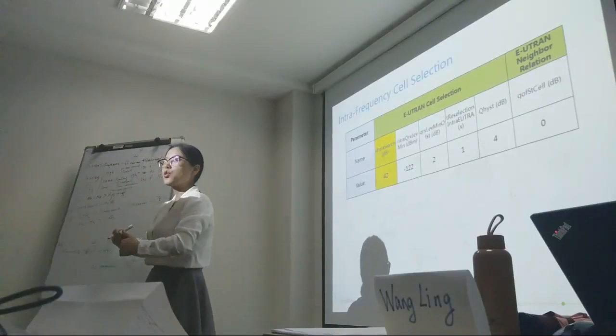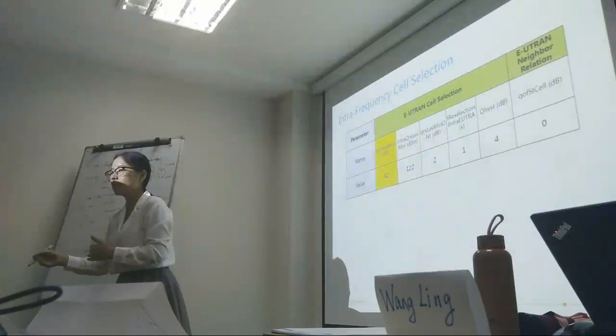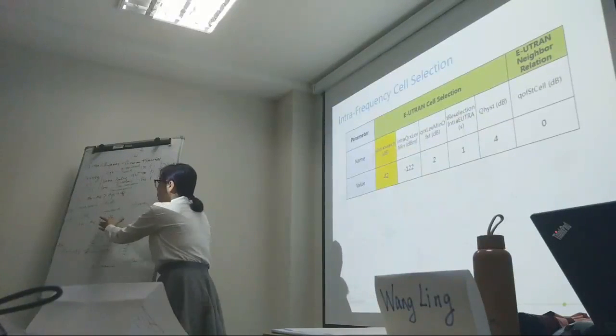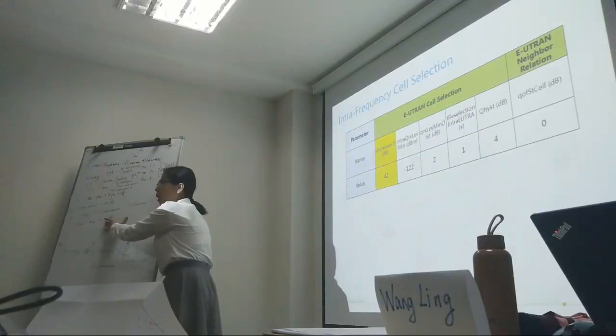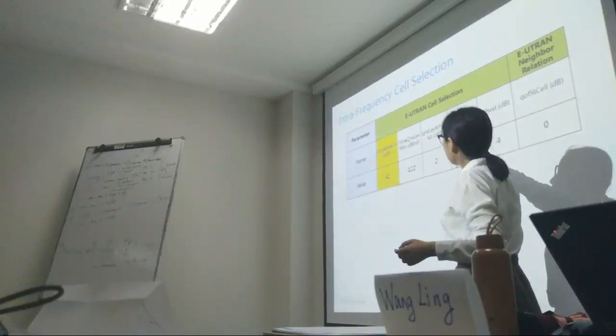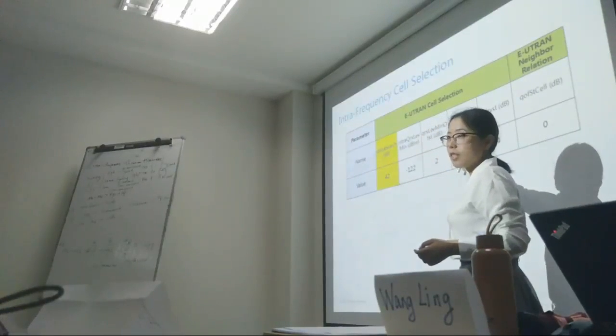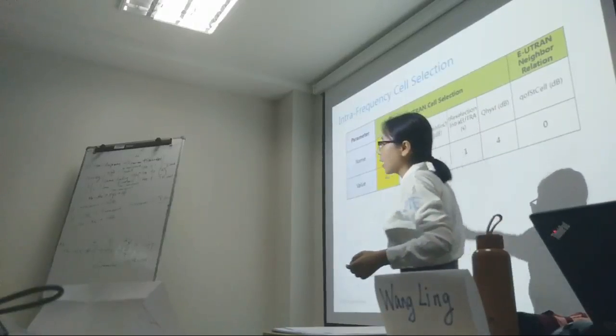The UE will reselect to the neighbor cell. And it should keep how long? This parameter, the T reselection intra-LTE. This is the T reselection timer. The timer for reselection is 1 second.